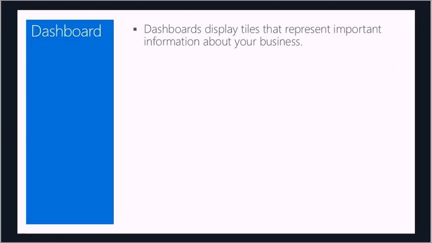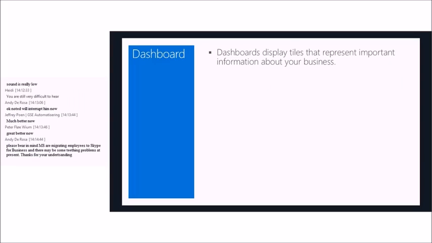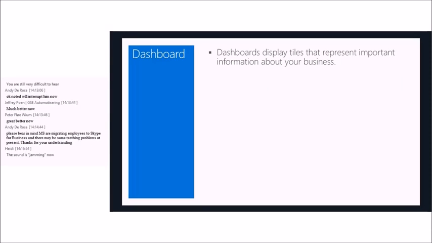So, in a sense, what is a Power BI dashboard then? So a Power BI dashboard is that small, tiled interface that Power BI gives you, which will give you an essential snapshot of all the important points that you need to keep in mind, right?